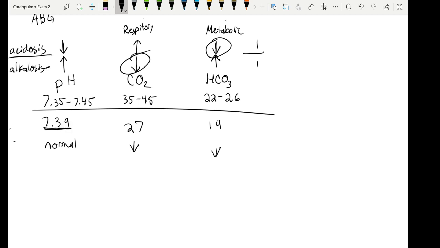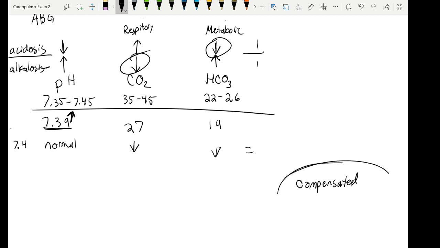Our normal pH is 7.4, but we like to have a little range. So if our pH is inside this range here, that means that we are compensated. Our body's doing a really good job at trying to keep us inside that range. So we're going to go ahead and write compensated. Compensated what?